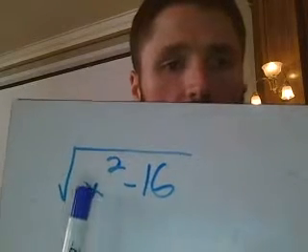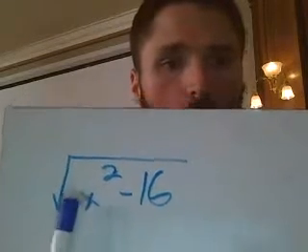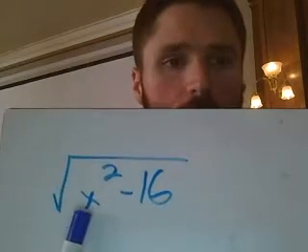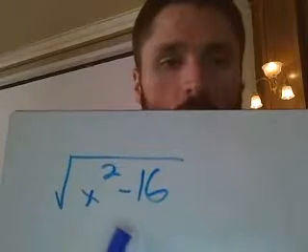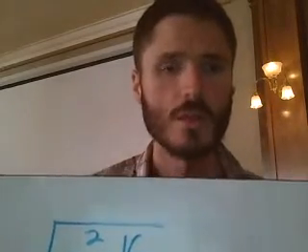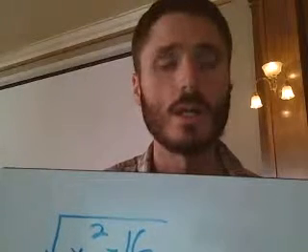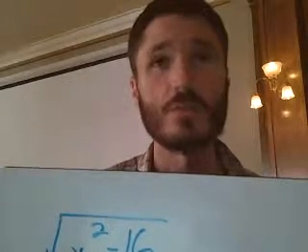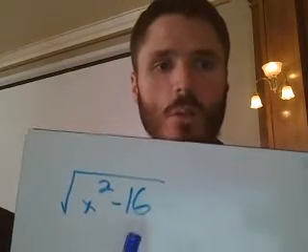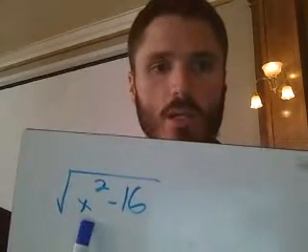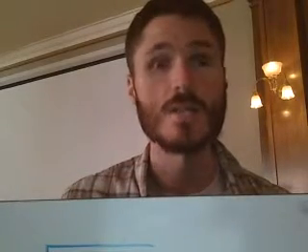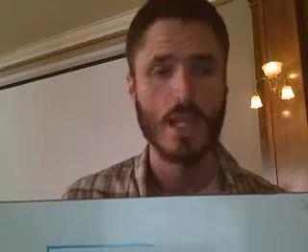Well, if we plug in a 4 for x, what do we get? We get 4 squared, which is 16, minus 16, which is 0. The square root of 0 is 0. So 4 works. But what happens if we plug in anything less than 4? What happens if we plug in 3, for instance? Well, we would get 3 squared, which is 9, minus 16. 9 minus 16 is -7. That doesn't work. Can't do it.